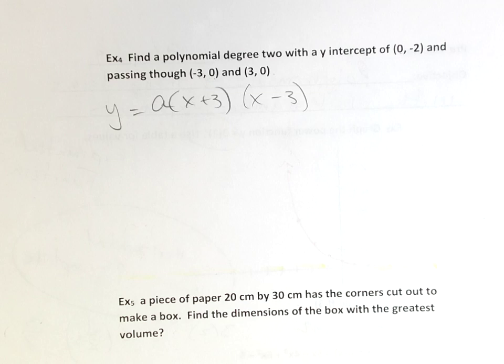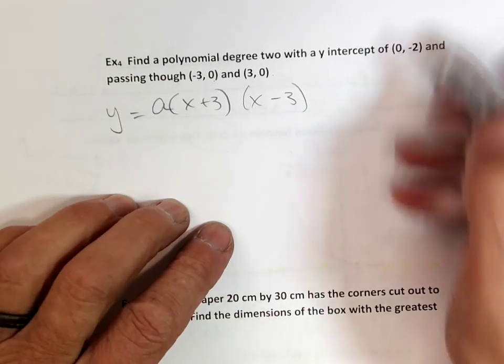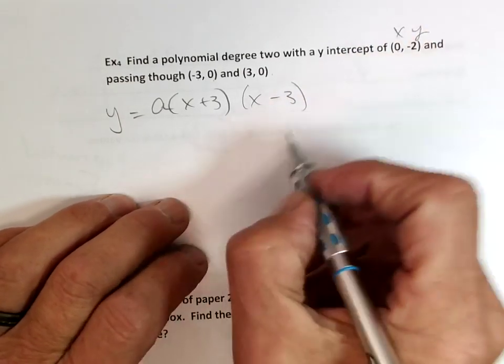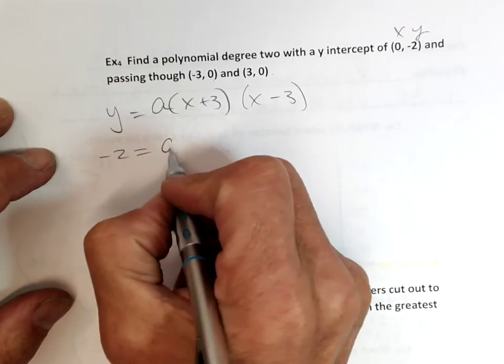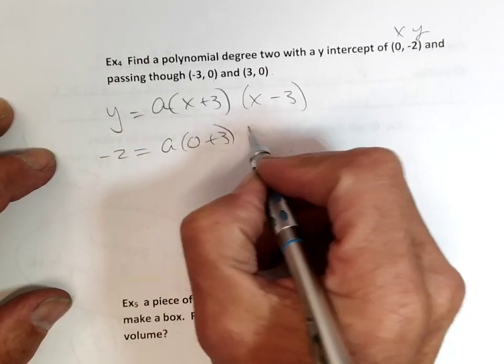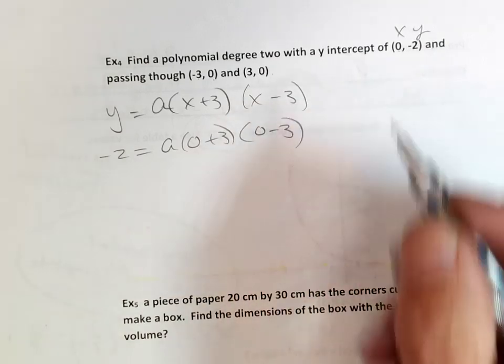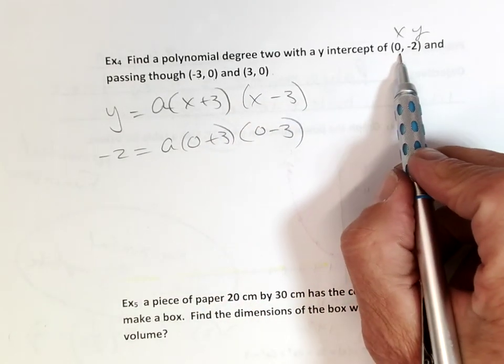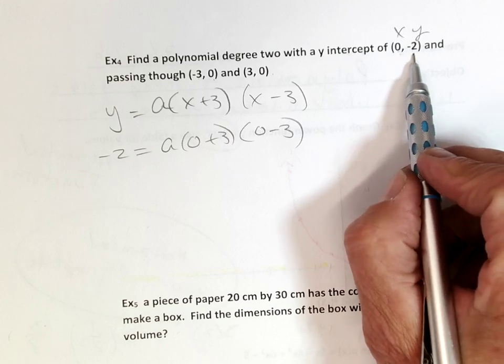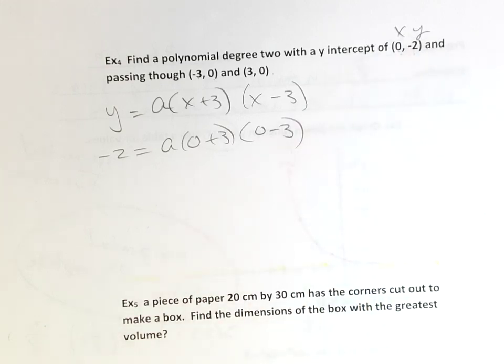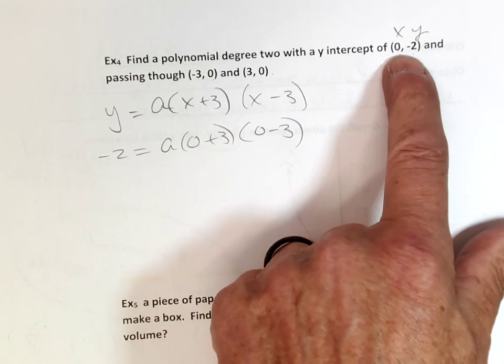So that's easy because that's an x and a y value, right? So we're going to go negative 2 equals a times 0 plus 3 times 0 minus 3, right? So we plug in the 0 for the x's, and we'll put in the negative 2 for the y, and let's find the a that forces it to go through the point 0, negative 2, okay?